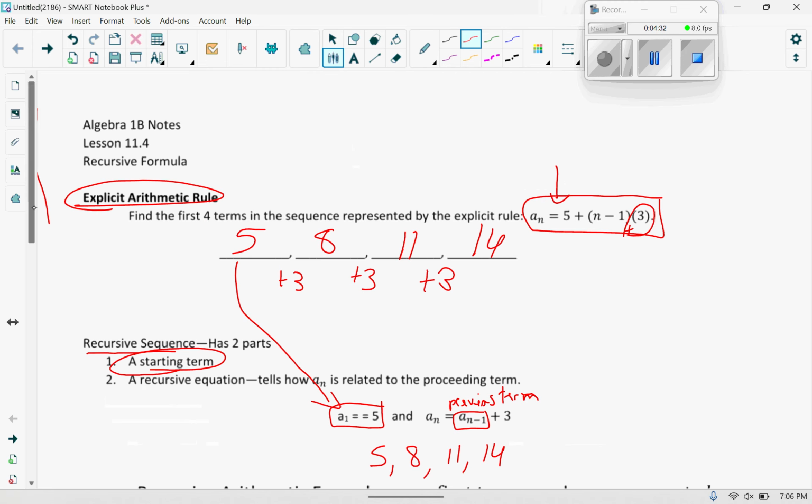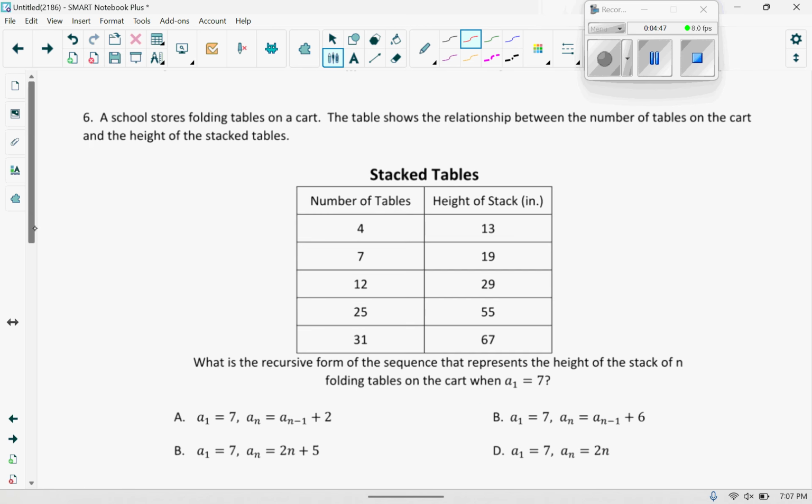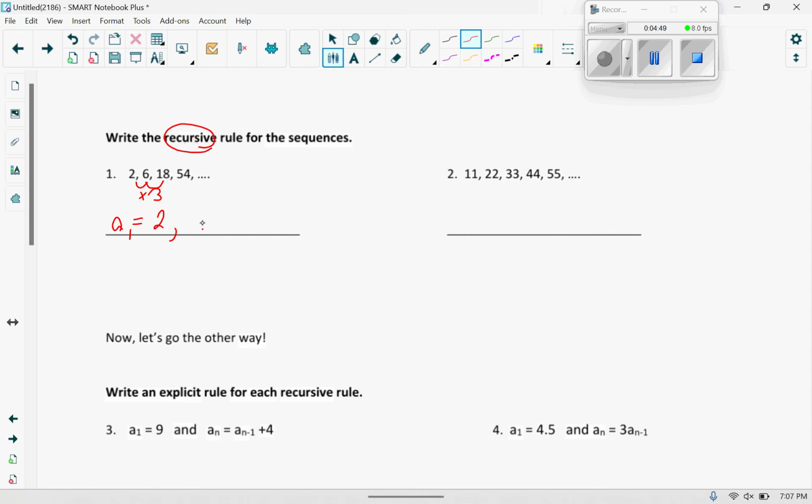And then a sub n equals, I need both of those, r times a sub n minus 1. So a sub n equals r, which is 3, times a sub n minus 1, like that. Or you can put the 3 in parentheses. It doesn't matter either way.